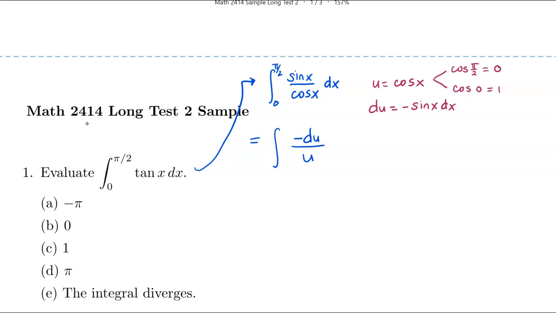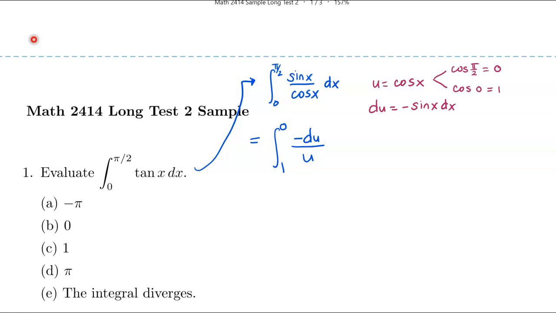Then you change the limits of integration. So instead of 0, from 0 it became 1 when u is equal to cosine x. So this is now from 1 to 0. Now, if you look at the limits of integration, you have 1 here and then 0 here. So you can interchange them. When you do that, you make sure to also negate it.